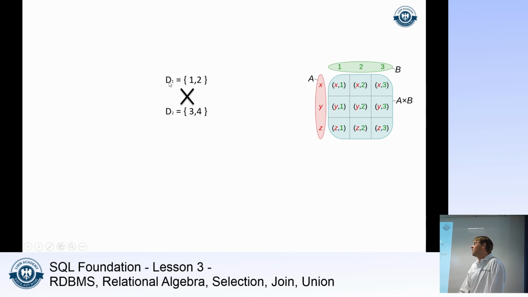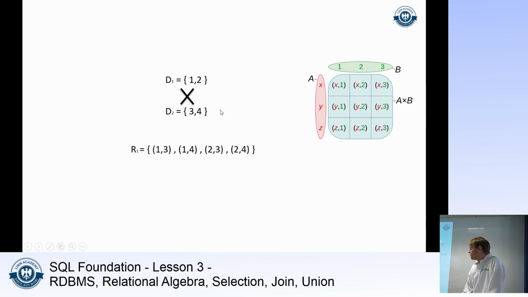I represent this D1 as relation 1, which contains a set of numbers of degree 2. We take the first number 1 and combine it with numbers from the second set: 1, 3, then 1, 4, and then from the second set 2, we take 2, 3 and 2, 4.